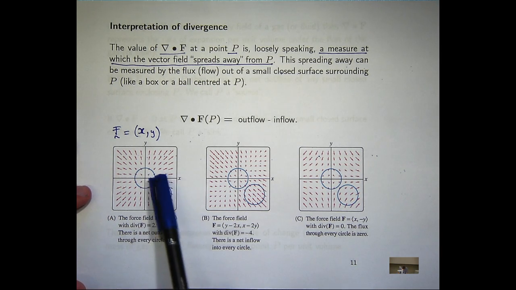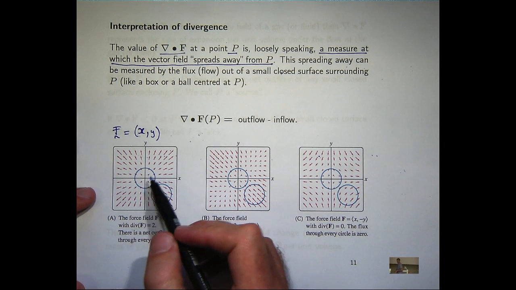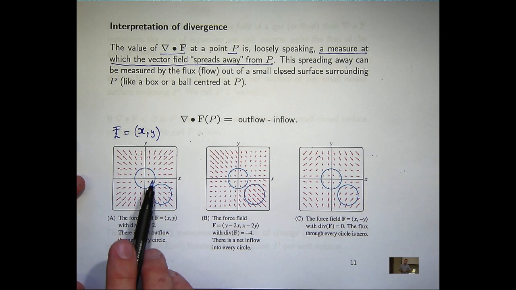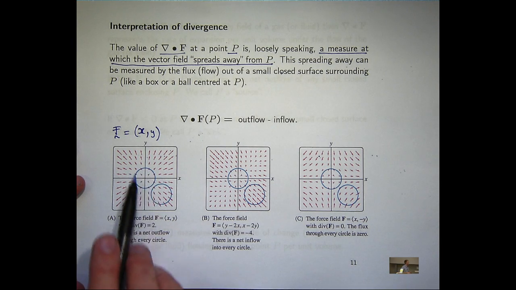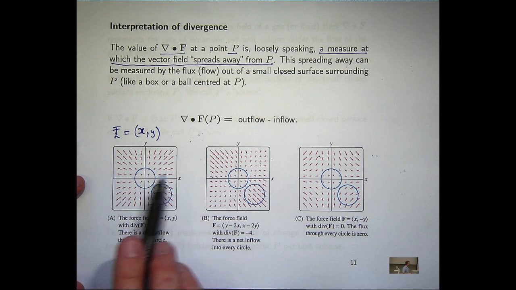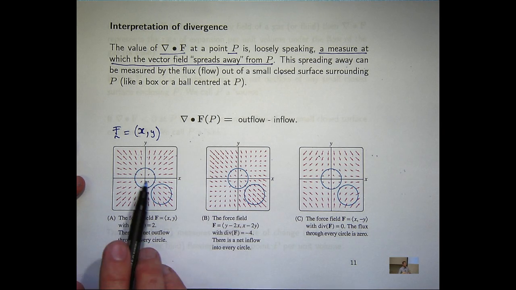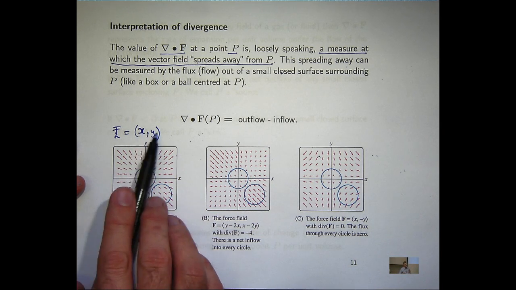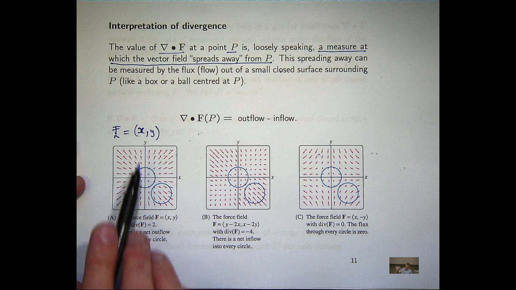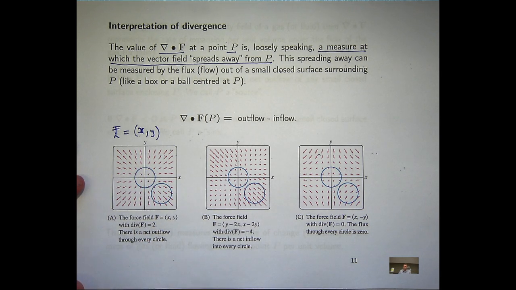There's going to be a net outflow out of that circle. So we would predict that the divergence is positive at the origin. And in fact, if you calculate the divergence of this vector field, well, it's positive too. So that sort of confirms what we would expect from our diagram.